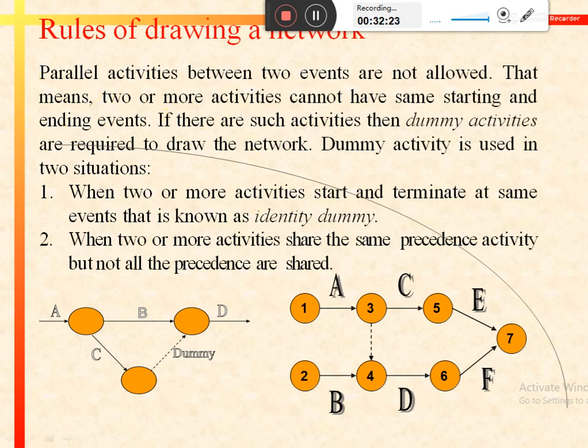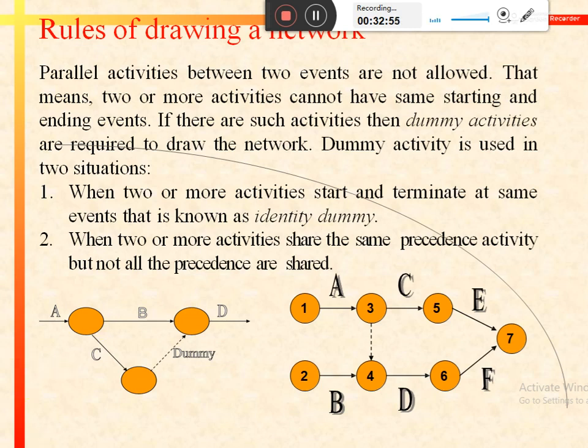So there can be two such situations. The first one is when two or more activities start and terminate at the same event, which is known as identity dummy. In the first graph, as we can see here, there are two activities, activity C and activity B, which take place between this event and this event. In that case, we have to introduce a dummy activity.